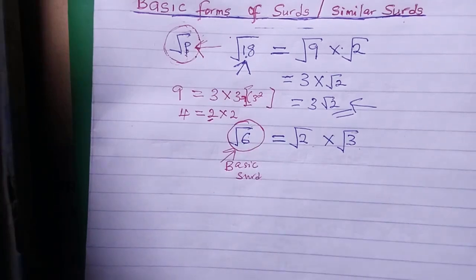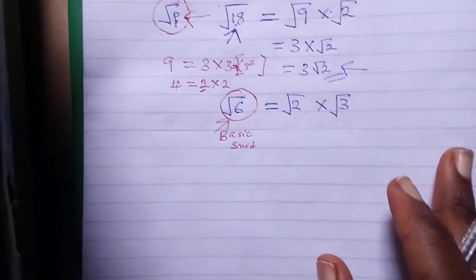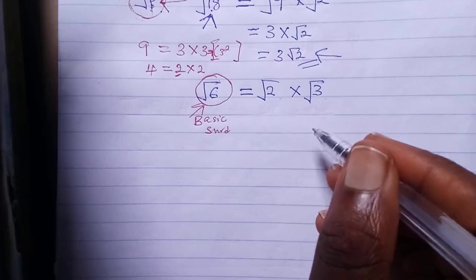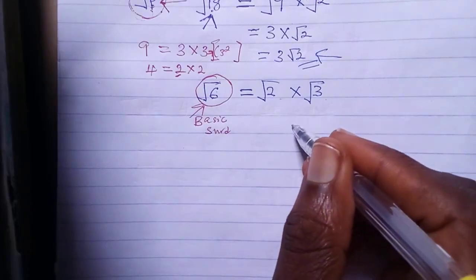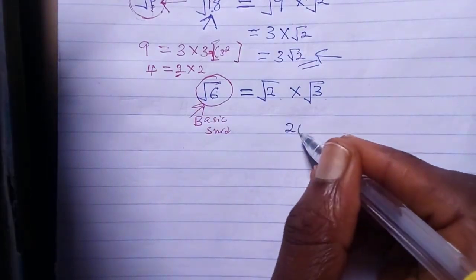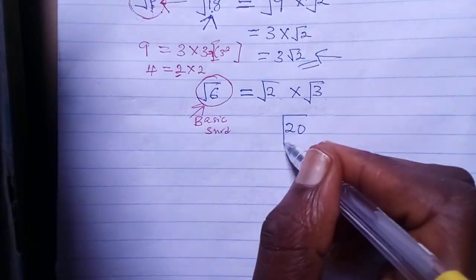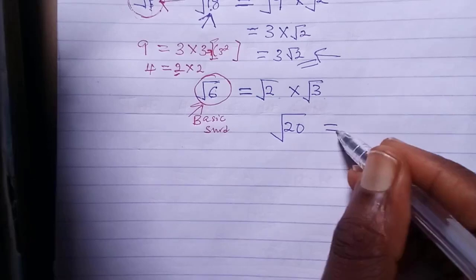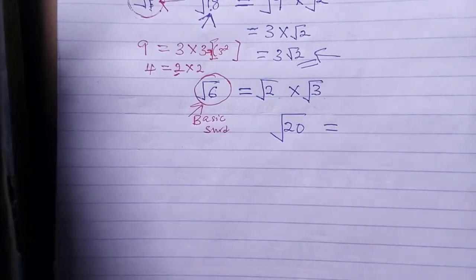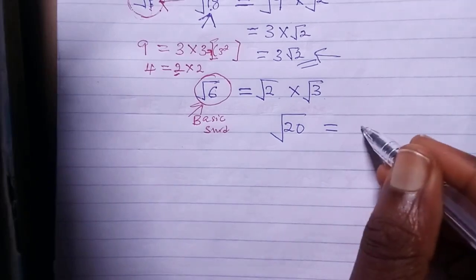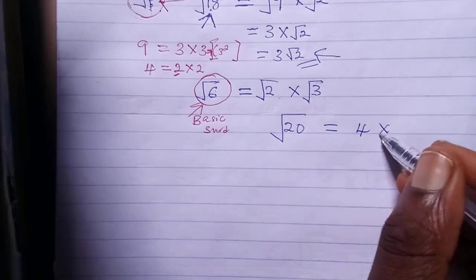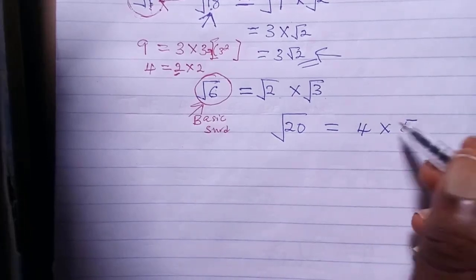Now let's still try another one. Let's try another number, let's say 20. Now, can we break 20 further? Yes, we can break 20 further. 4 times 5 will give us 20.